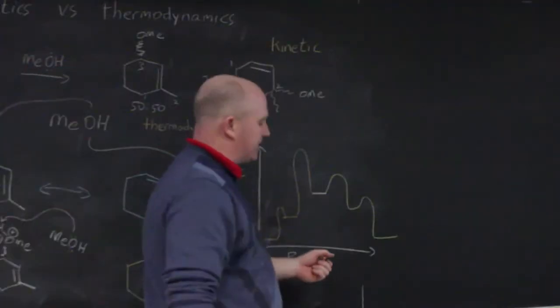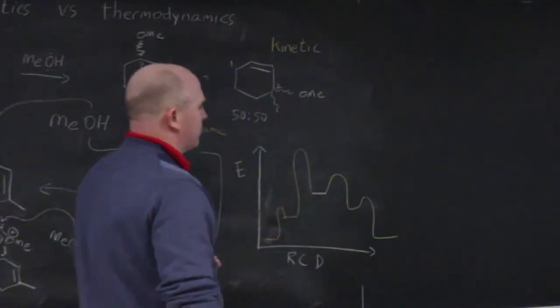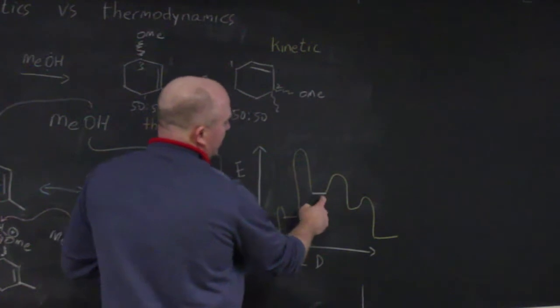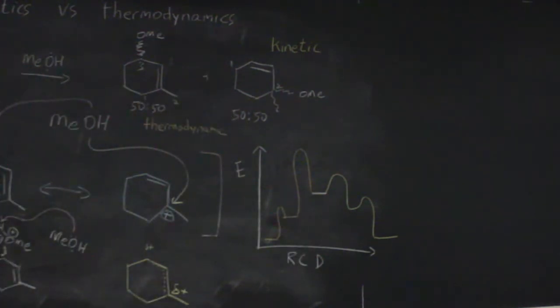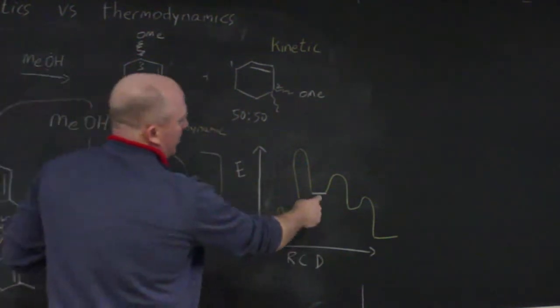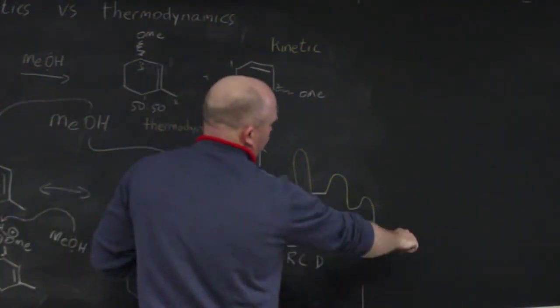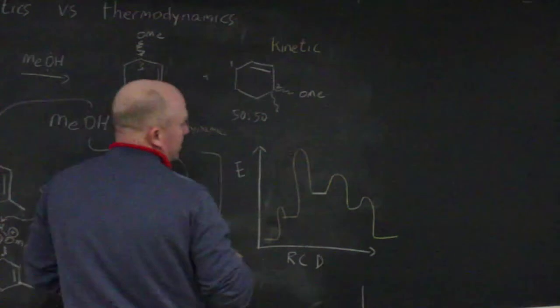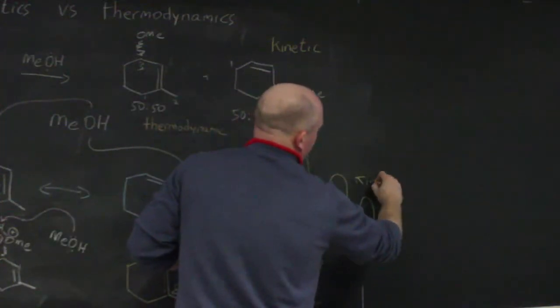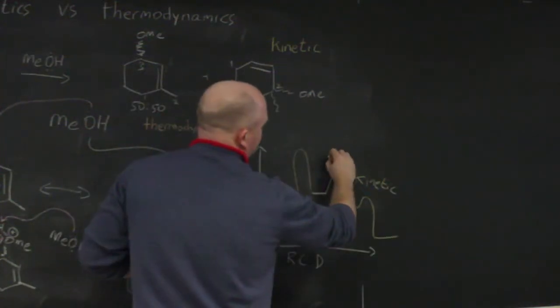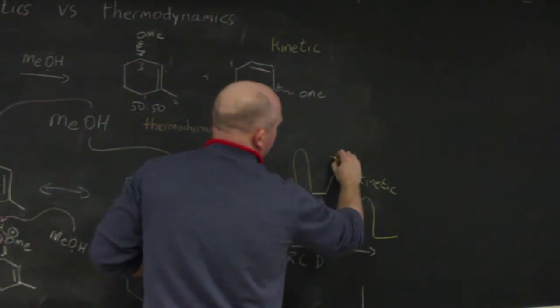One last reaction coordinate diagram point to make here on kinetics versus thermodynamics is that if we imagine the reaction as leading to a common intermediate, which is, say, this one, we could then describe the common intermediate as having this energy and then describe what happens as you go in two different paths. So this would be the kinetic product because the difference in energy between the transition states is lower.